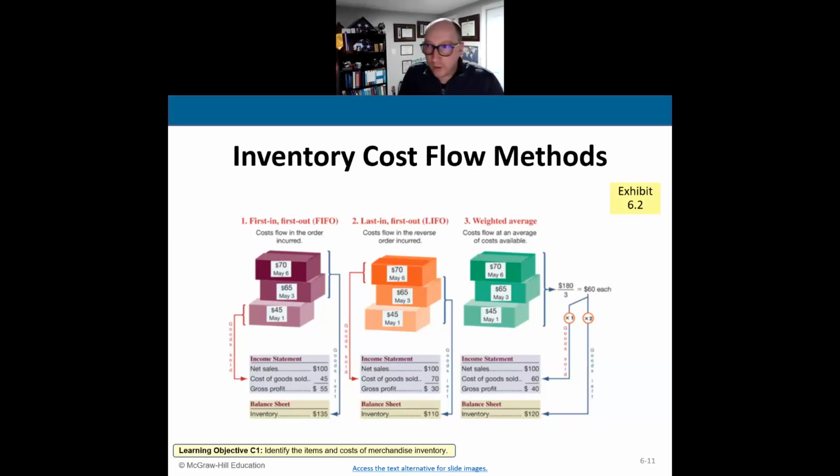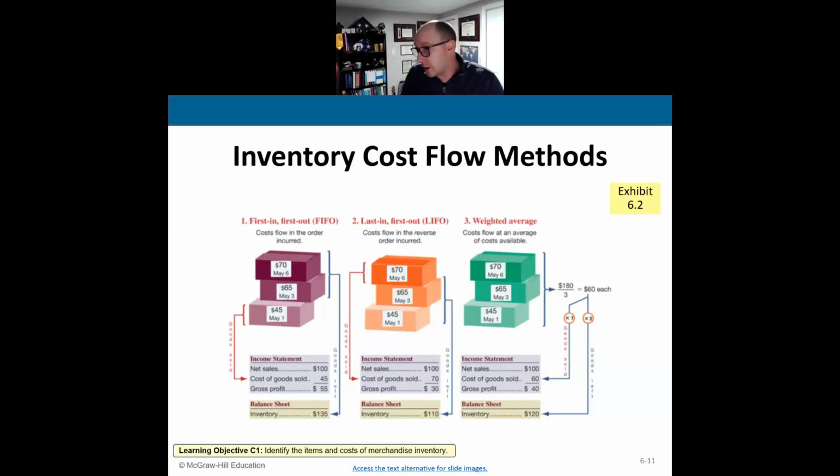Now here we have one company that is looking to use one of these three methods, and they're not too sure which one is best for them.